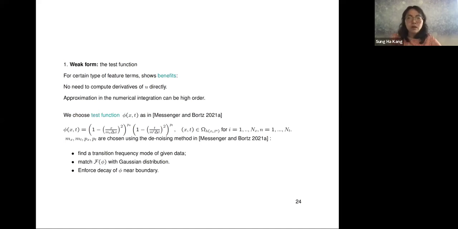Shout out to Messenger and Bortz. What they did is provide a way to design the test function. Given your data, you consider the Fourier transform. In the Fourier domain, you see the response. From this response, there's a meaningful region and then the noisy, high frequency region.